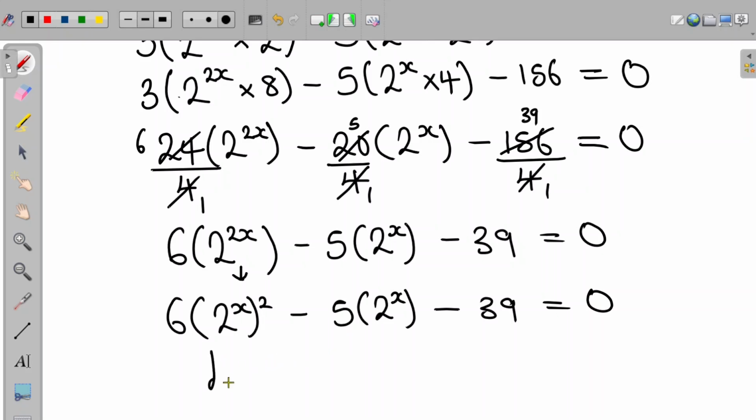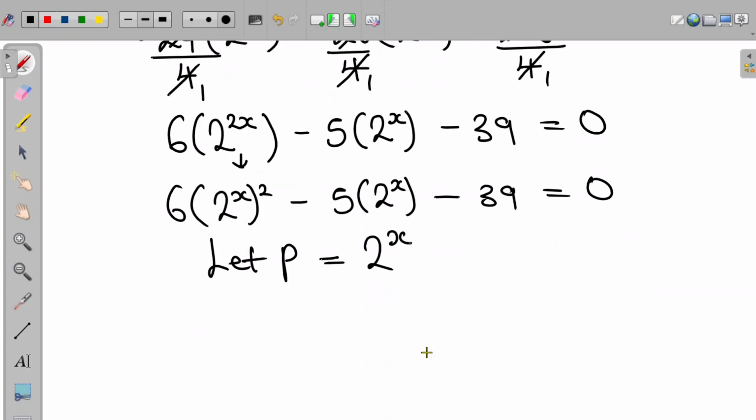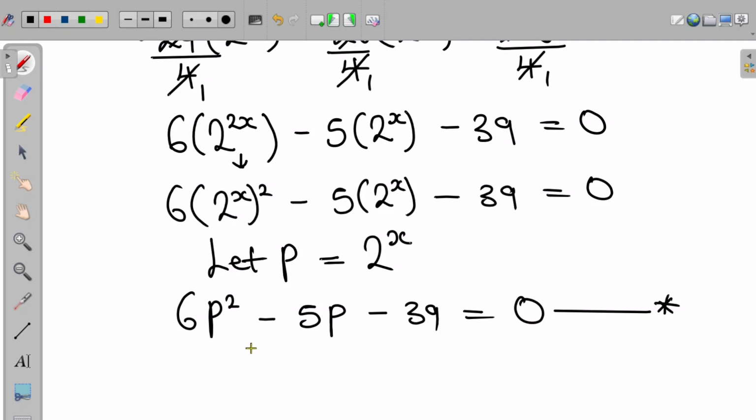Let p be equal to 2 to the power of x. So the equation in terms of p becomes 6p squared minus 5p minus 39 equals 0. So we have a quadratic equation in terms of p.